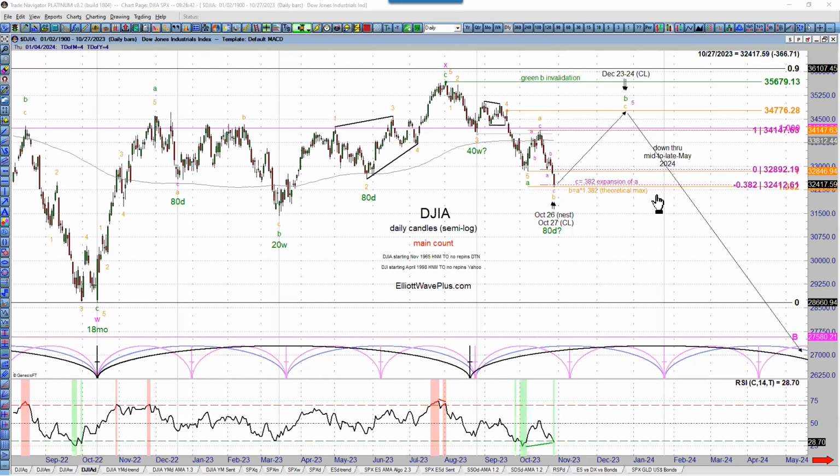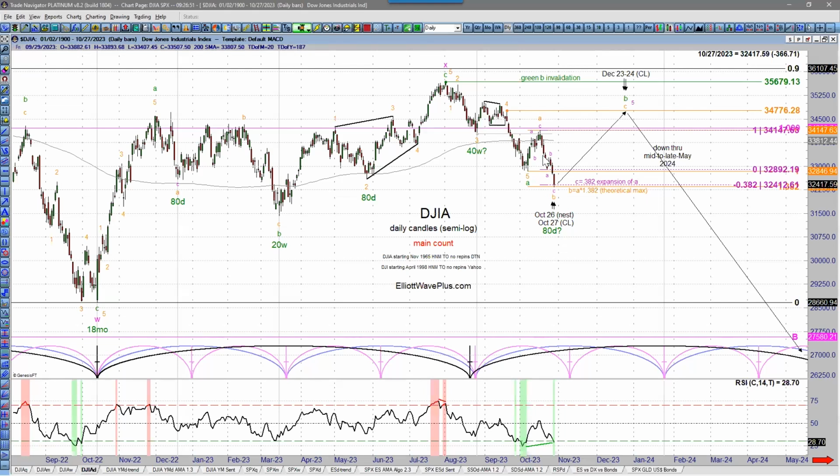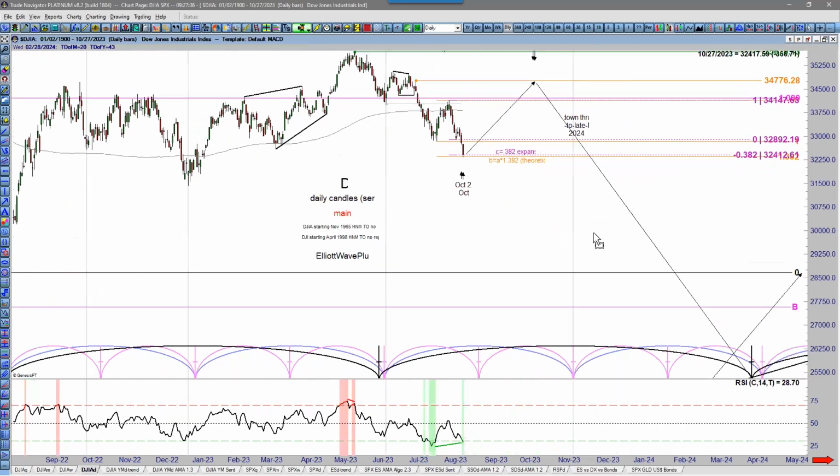So this is what I'm saying, and a lot of people are getting real excited about how aggressive this move is to the downside. So let's look at this move to the downside and see what we think is going on. I've got this peak on August 1 on the Dow labeled as a pink X. So I'm expecting an A in green, a B in green, and a C in green on down.